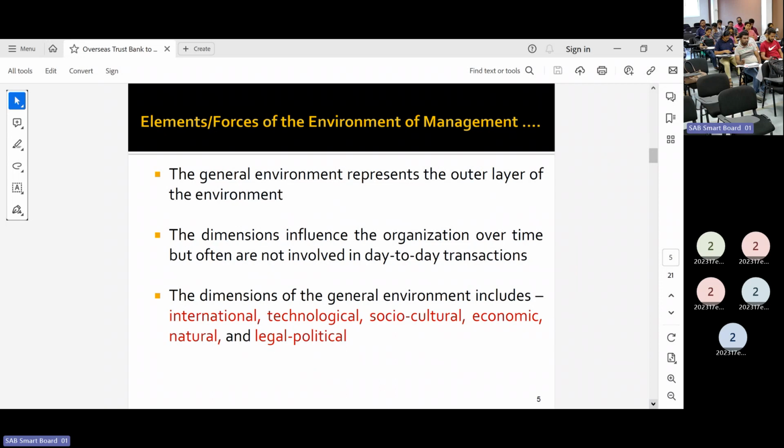International or global dimensions, technological, economic, socio-cultural, legal, political, natural. Natural can be taken last, but it is the number one now. But still we think that globalization is the number one, which can have effect on other forces, dimensions.